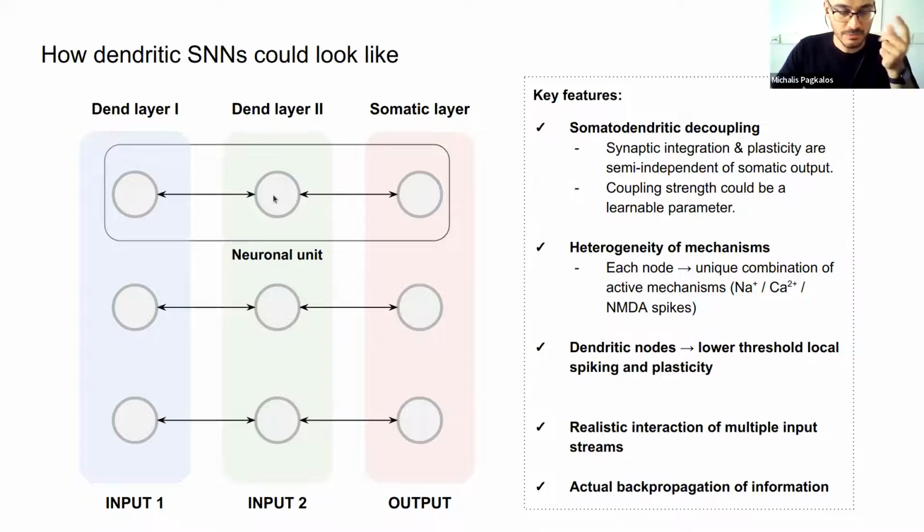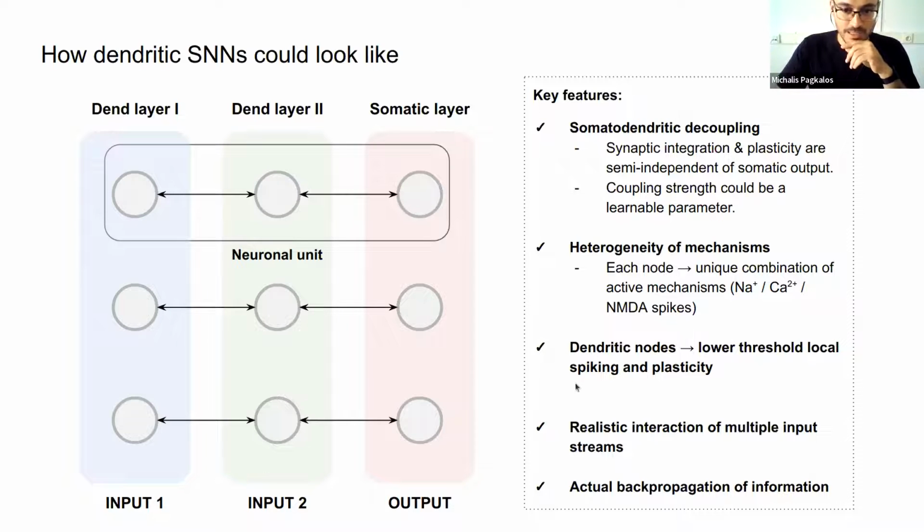Another implication is that we can have a more realistic interaction of multiple input streams. This architecture allows us to have more than a single input stream, which mimics what actually happens in real neurons. If you remember, one pathway goes to the distal part, another pathway goes to the proximal part, and when they are activated in isolation or together, we have very different effects at the neuronal output.